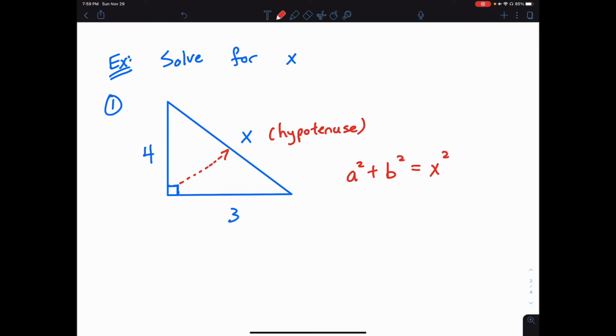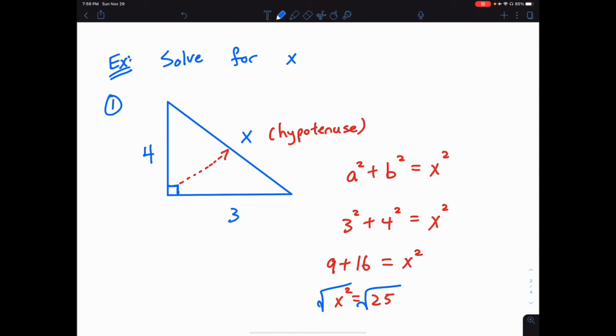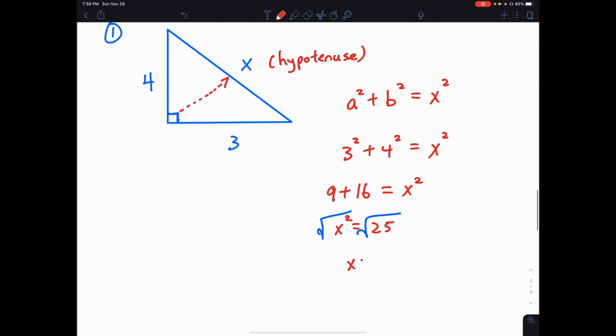A has a value of 3, so we're going to go 3 squared plus 4 squared equaling x squared. We can do the calculation here, 9 plus 16 equal to x squared, which then tells us that x squared is equal to 25. To solve for x, we then need to square root both sides, and we get the answer that x would be equal to 5.